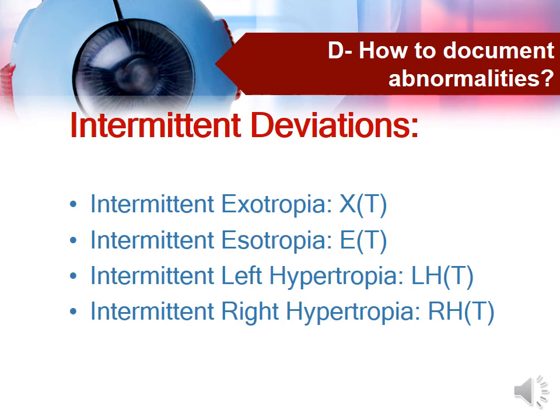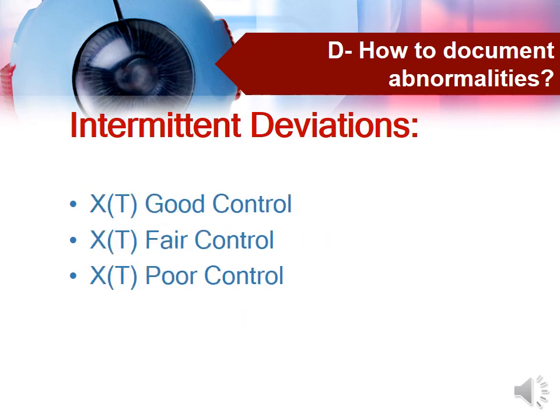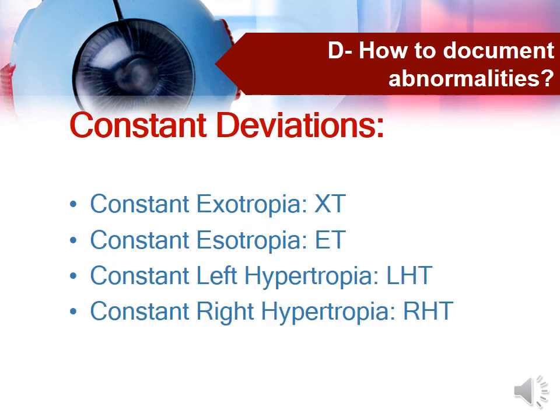So for intermittent exotropia, you write XT with T between brackets, and for intermittent esotropia, you write an ET with the letter T between brackets. This is similar in left hypertropia and right hypertropia if intermittent. Remember, whenever you see a patient with an intermittent deviation, you need to state the degree of control in order for your report to be complete.